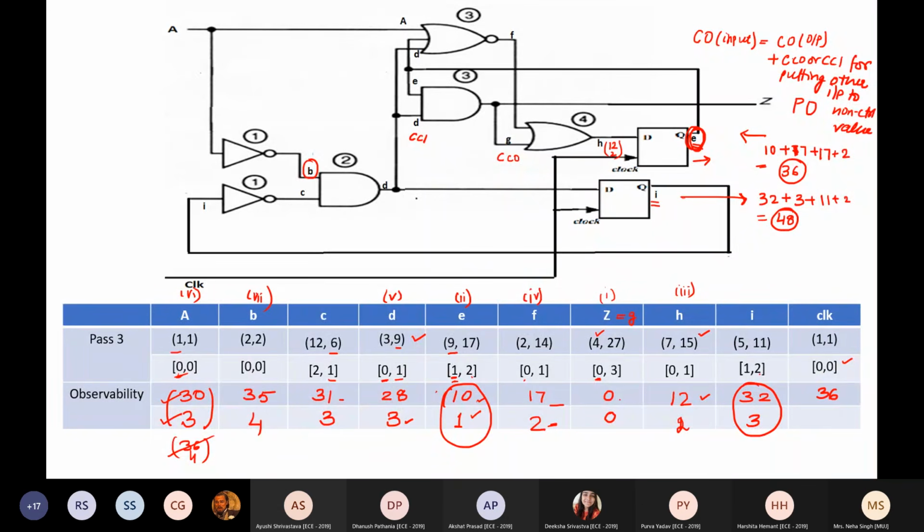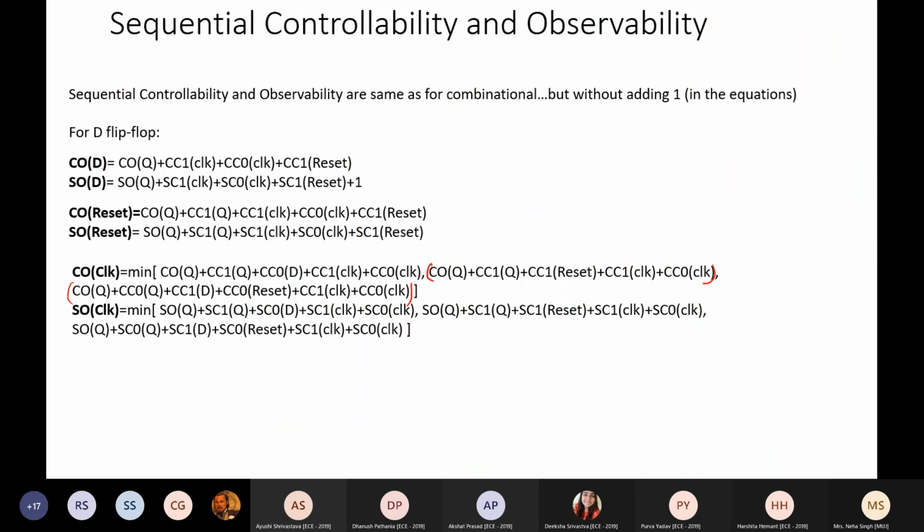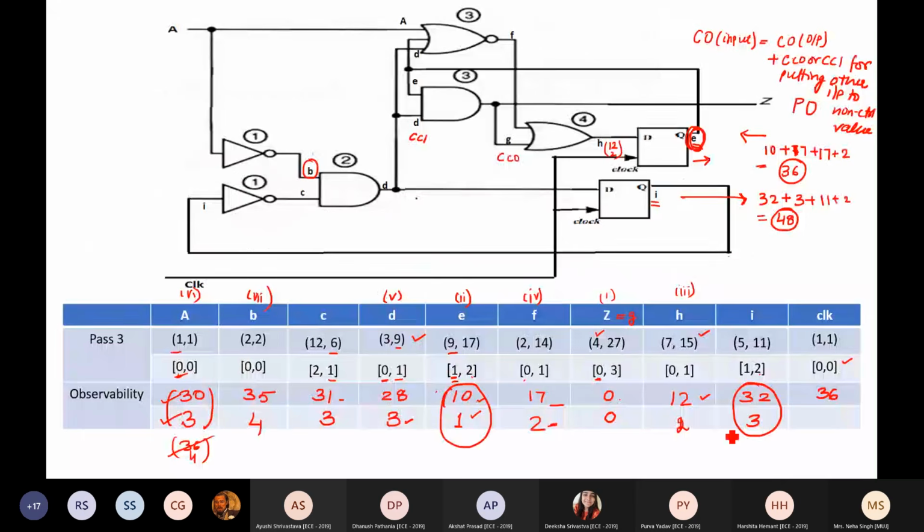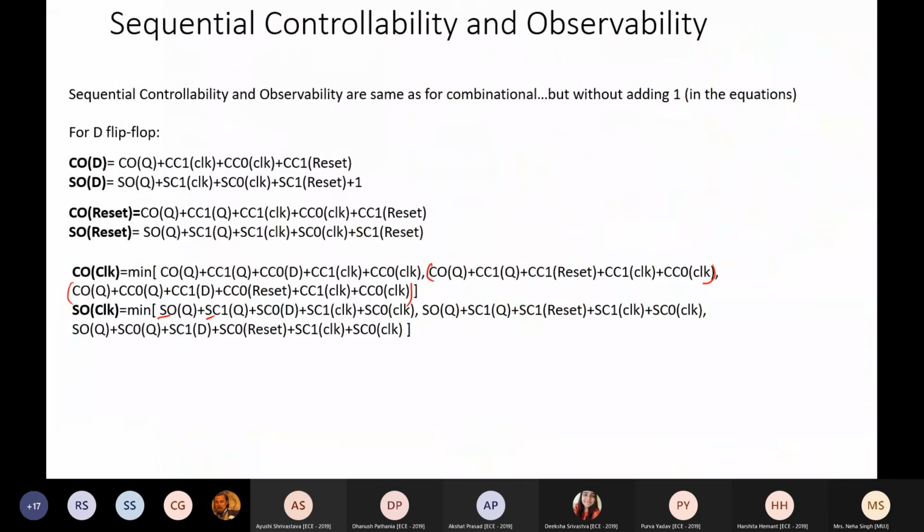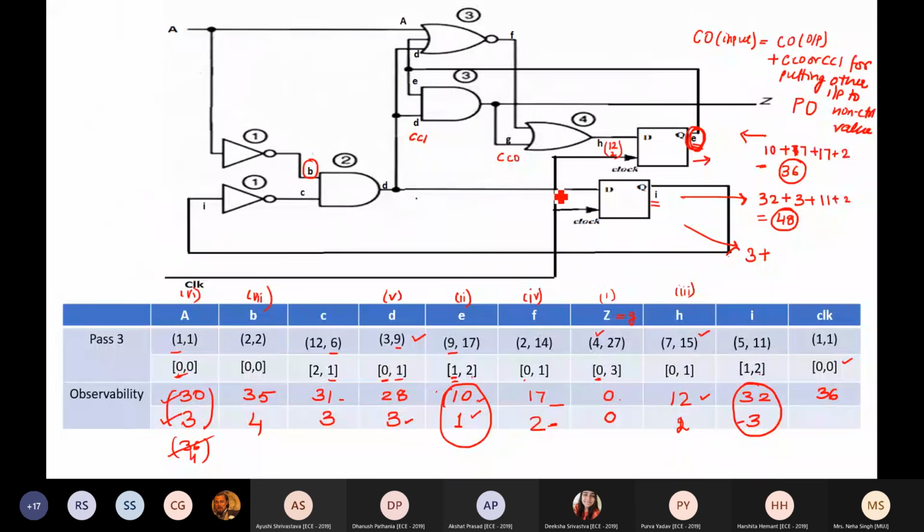Sequential controllability will again be the same formula, except that I'll consider the sequential observability and sequential controllability. So for this flip-flop, sequential observability is output की sequential observability, which is 3 for I, plus CC0 of input, SC0 of input.